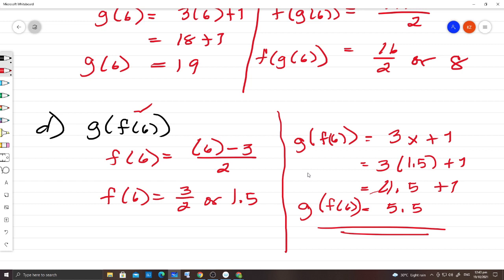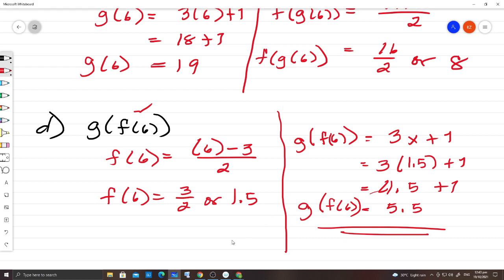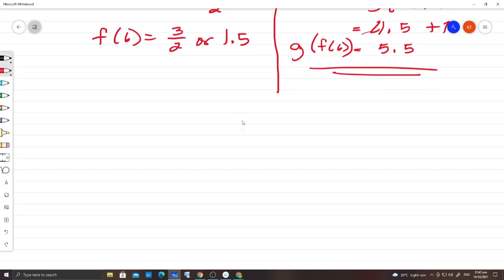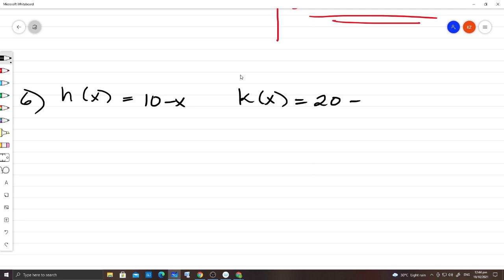Now I'm going to answer number 6. We have h of x equal to 10 minus x, and k of x equal to 20 minus x.